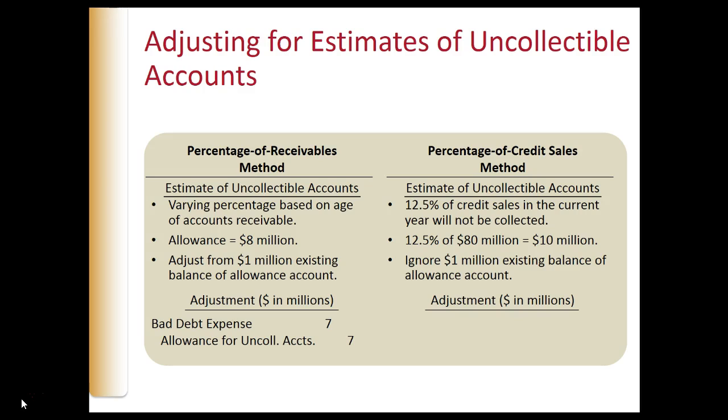After adjustment, the balance of the allowance account will differ between the two methods, as will the amount of bad debt expense. Under the percentage of receivables method, we adjust the allowance account so that its ending balance equals the estimate of bad debts. By contrast, under the percentage of credit sales method, we record the adjustment for the estimate of bad debts, so this amount adds to the current balance of the allowance account.